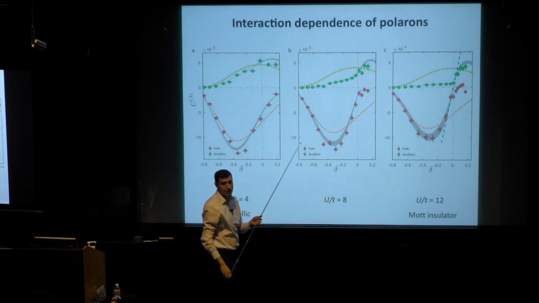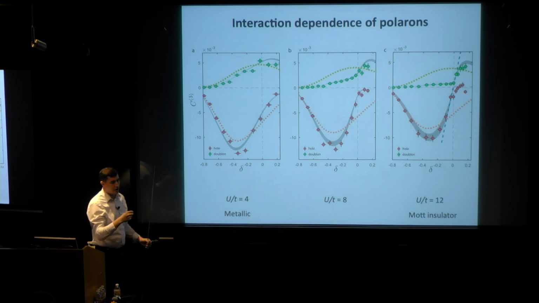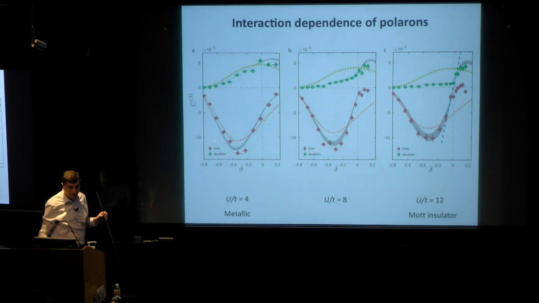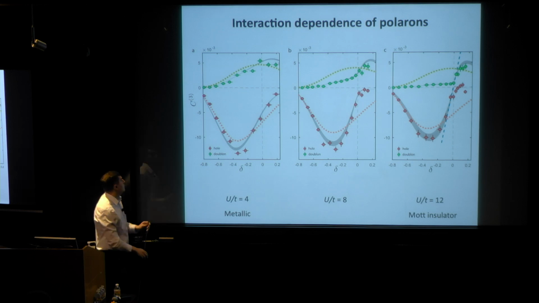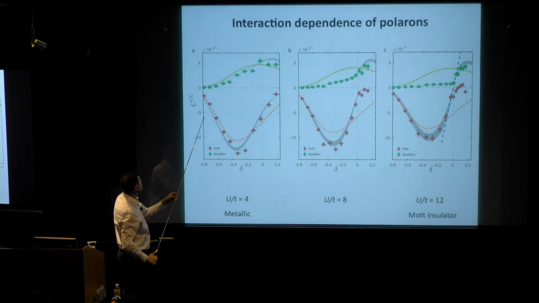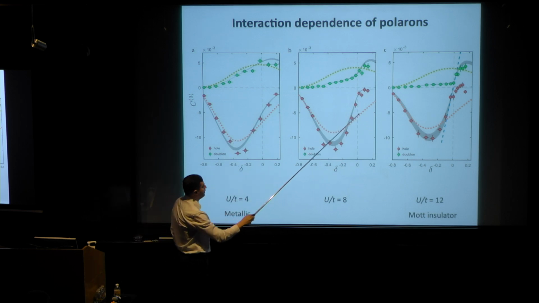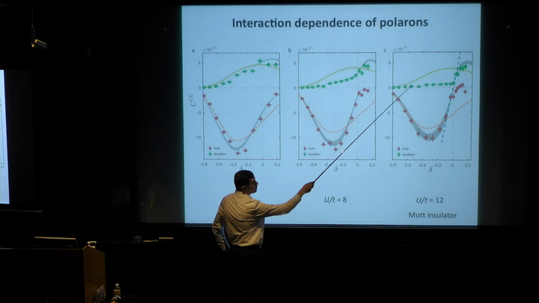Essentially, as you reduce the doping towards a few polarons that are non-interacting with each other, every time you add extra polarons, the strength of the correlation just grows linearly. These gray lines are the quantum Monte Carlo, and this would be the non-interacting limit.